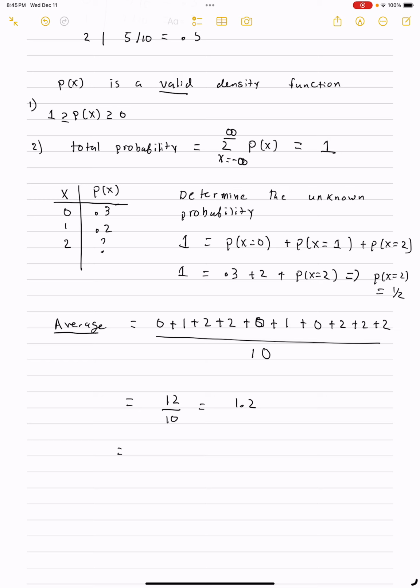But I want to rearrange this. So I'm going to take this original equality right here and rearrange things. I'm going to put the 3 zeros together. And now I'm going to put the 2 1s together. And I'm going to put the 5 2s together.